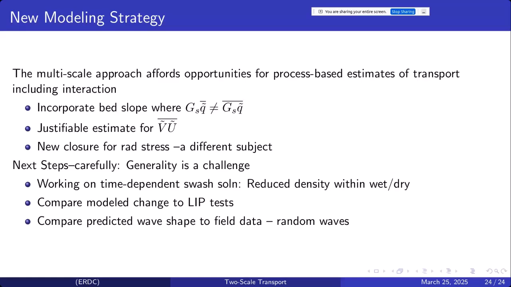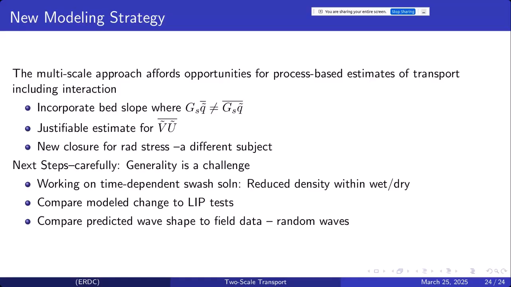I think it also gives us the opportunity to look at a more careful estimation of what the bottom shear stress and the radiation stress are. Those are different subjects. And the next steps are going to be more comparisons with data.